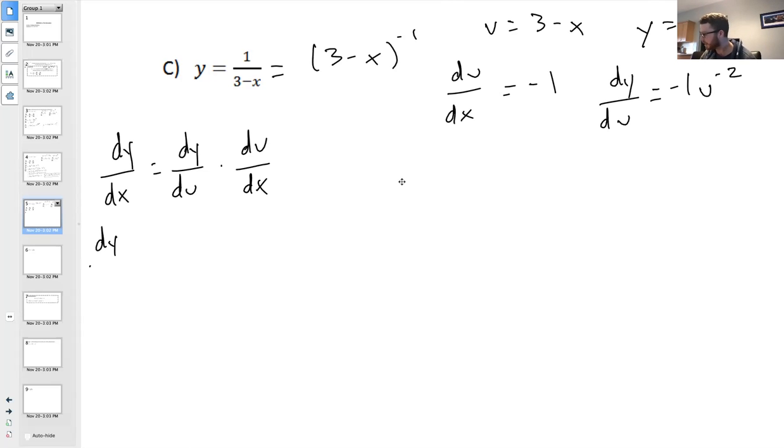So we'll just substitute these in now. So we have negative 1 u to the negative 2 multiplied by negative 1. That will give us positive 1 u to the negative 2. Okay, at this point, we will substitute in our u for our 3 minus x.